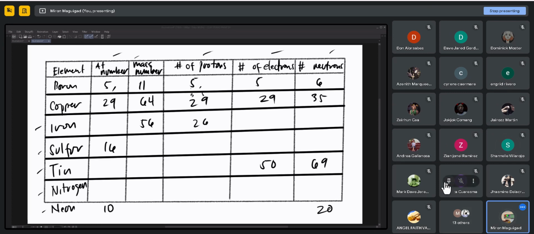Okay, so starting now, I will be waiting for your answers for atomic number, mass number, protons, and number of electrons and neutrons for iron, sulfur, tin, nitrogen, and neon. I'll give you 10 minutes, okay, to answer the blanks for this. Thank you. After 10 minutes, we'll be checking your answers. Thank you. Umpisa na po tayo.